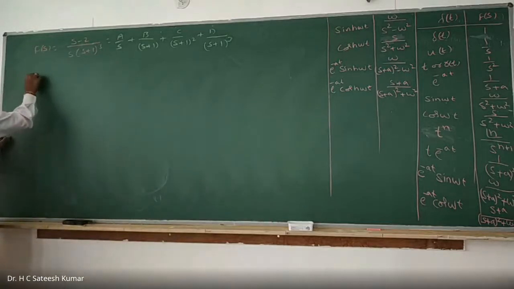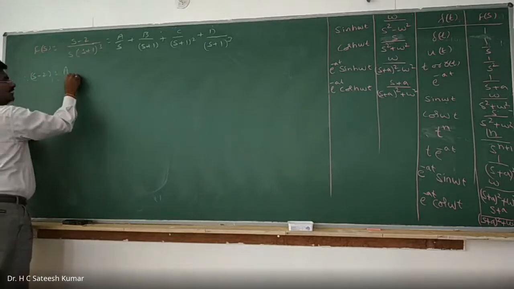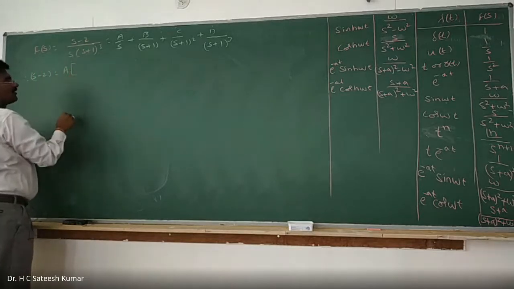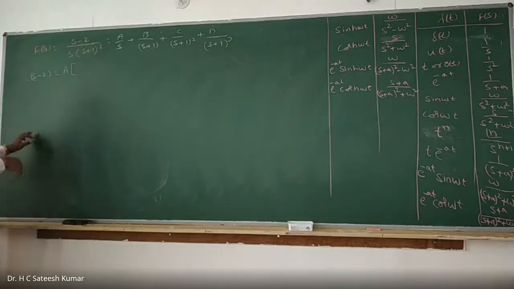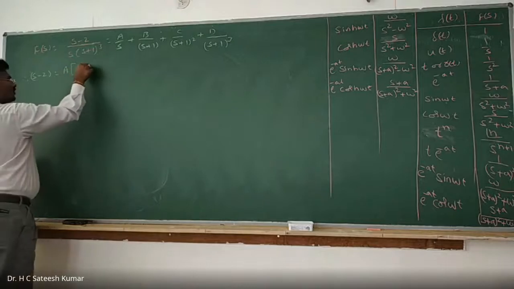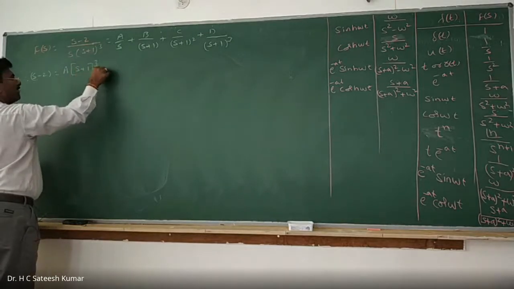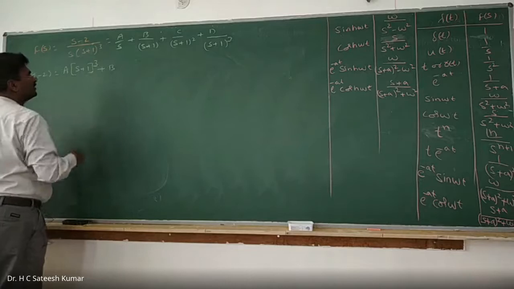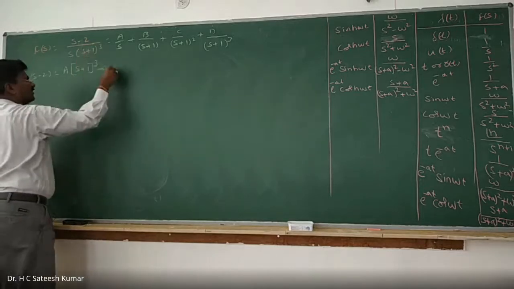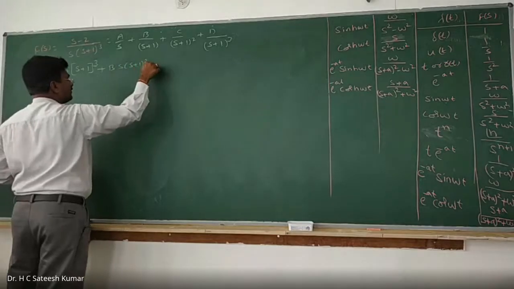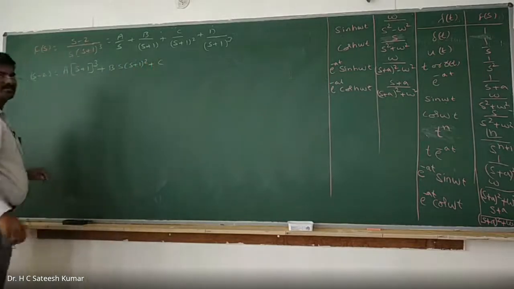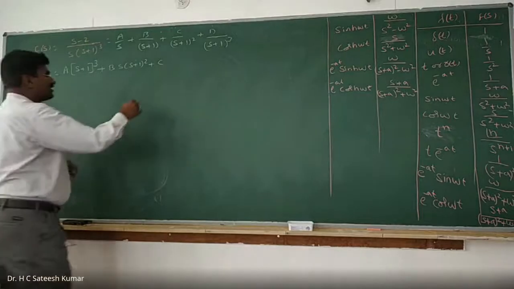Therefore, S minus 2 is equal to A into S plus 1 whole cube, plus B into S into S plus 1 whole square, plus C into S into S plus 1, plus D into S.